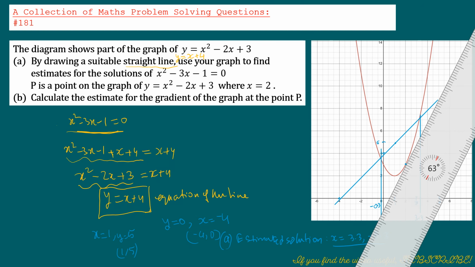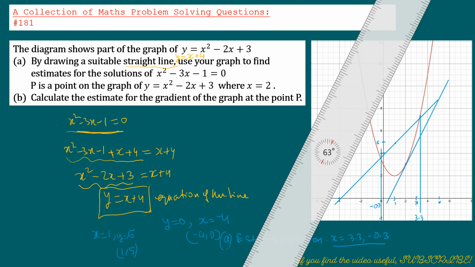I don't know how accurately I can draw it, but that's the way I'll do it. So the tangent goes this way, that's the tangent, that's the point P, and that's x equals 2.